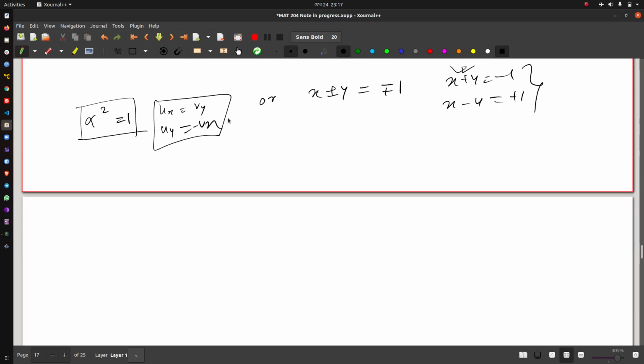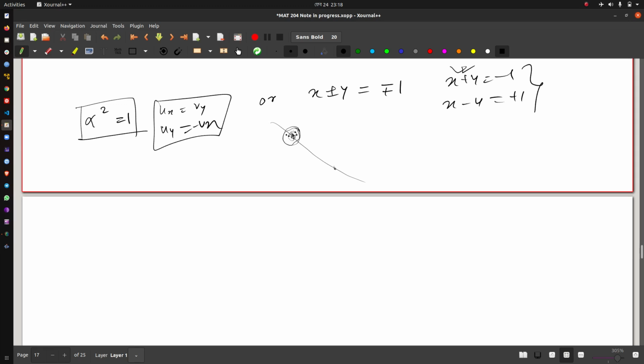Because they are analytic on this line, let's say x plus y equals to minus 1, but they are only analytic on this line, not on the neighborhood of the points that reside in this line. That means you take a point over here, you draw a neighborhood. Since only at this point the Cauchy-Riemann equations are satisfied, but on the neighborhood they are not. So that's why we say they are not analytic anywhere.